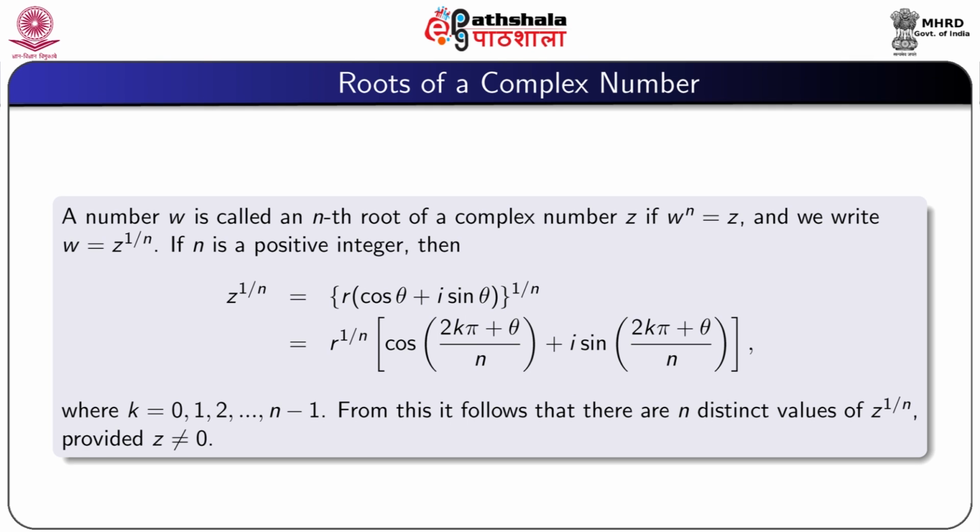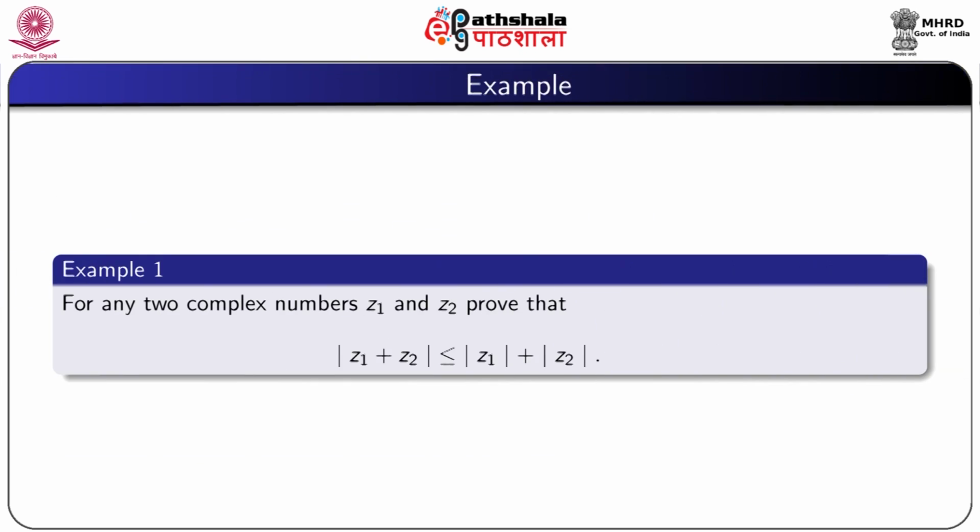From this it follows that the equation w to the power n equal to z has n distinct values provided z not equal to 0. Now we give some examples.